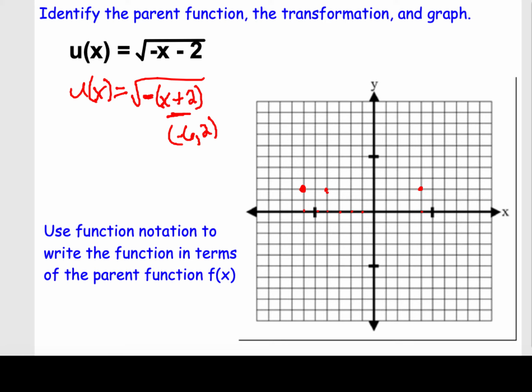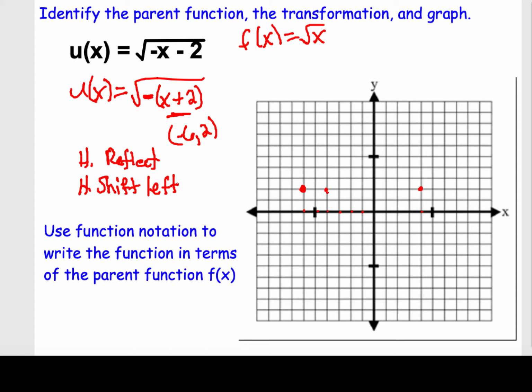So when we list off our order of transformations here, right, again, our basic parent function is f of x equals the square root of x. But when I list these off, what I want to list off is I'm going to horizontally reflect, and I'm going to horizontally shift left.